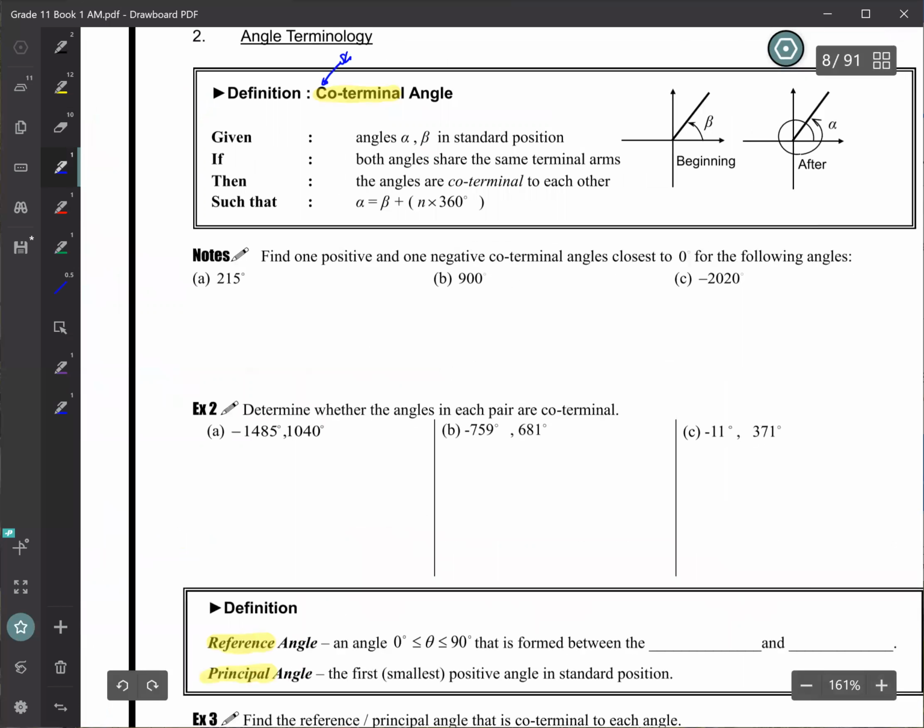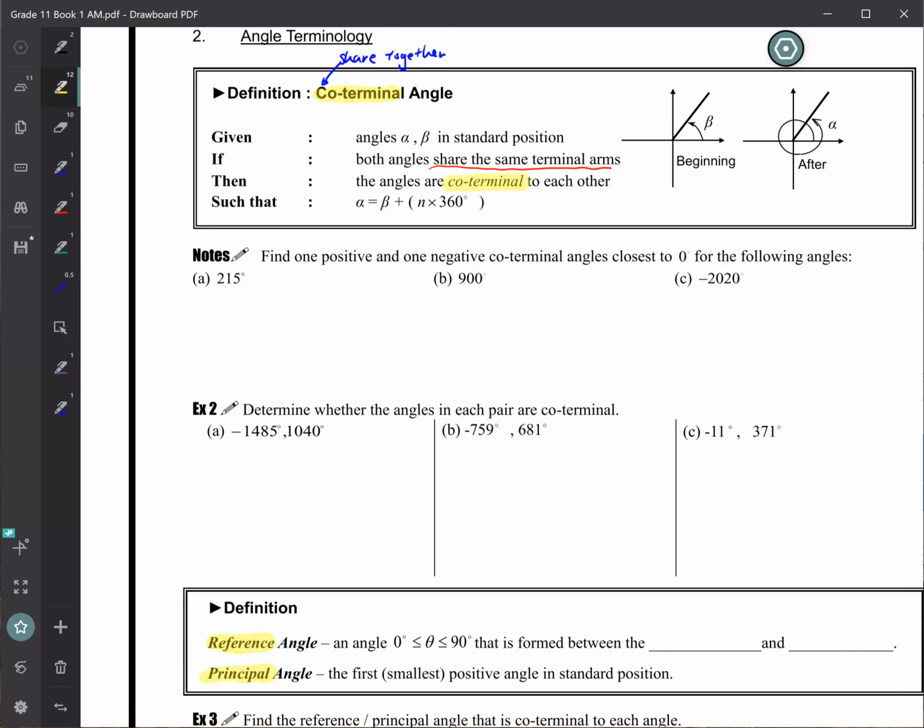Share together. So if I have two angles, they share together the same terminal arm. It means they stop at the same place. Okay, so over here, they share the same terminal arms. Then they are called coterminal angles.